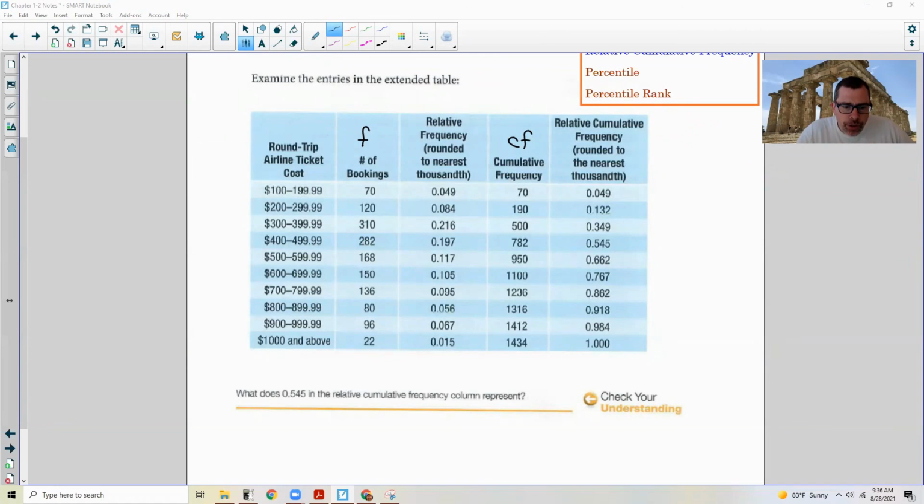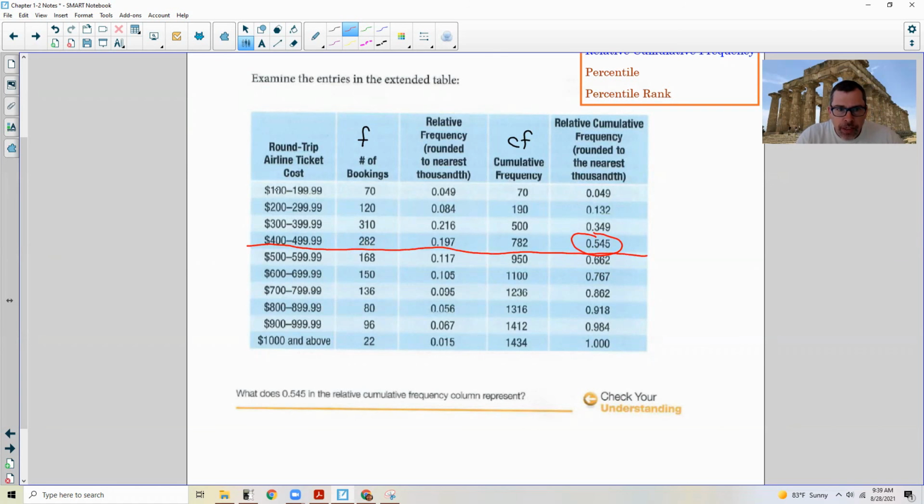Okay, so now it's your turn. It says, what does 0.545 in the relative cumulative frequency column represent? Okay, pause the video, see if you can answer this question, and then come back. Okay, so the 0.545 is right here. Remember it's cumulative.